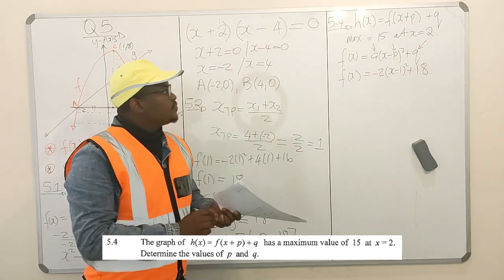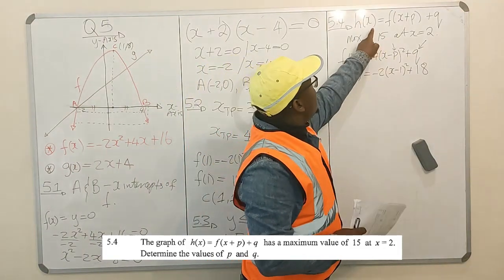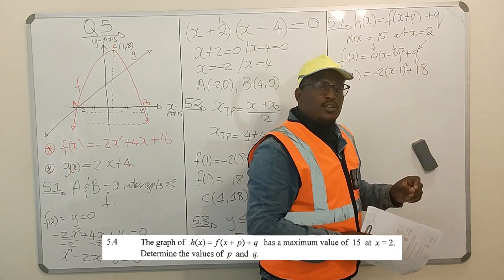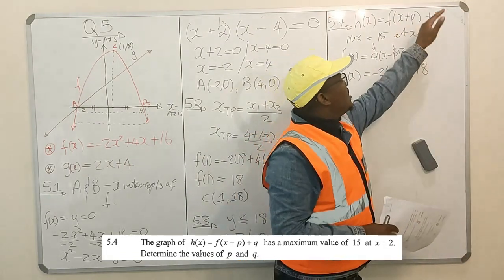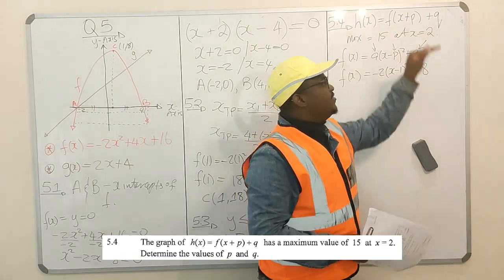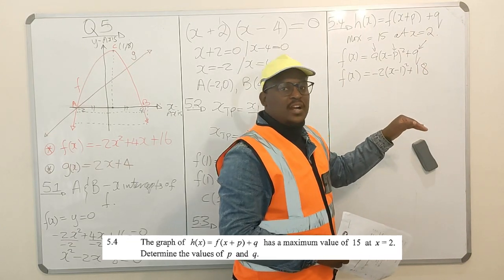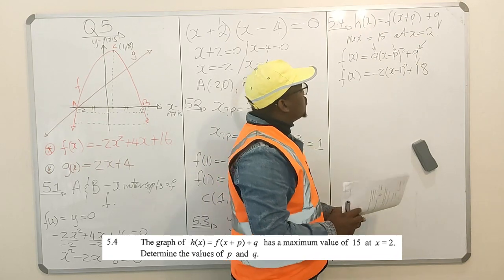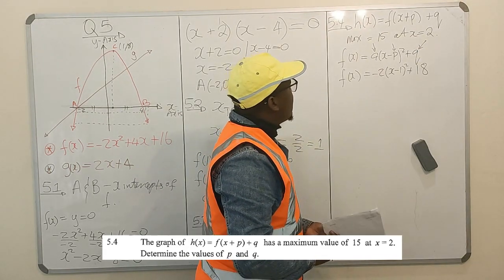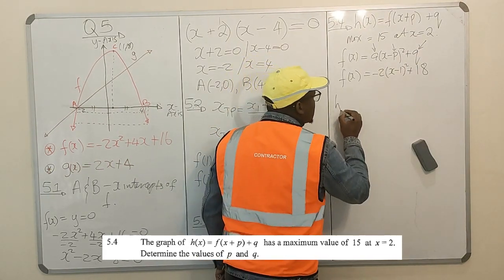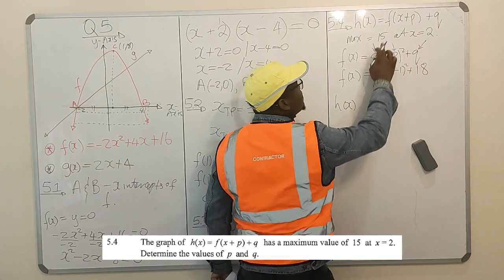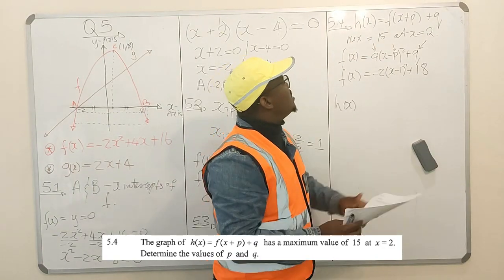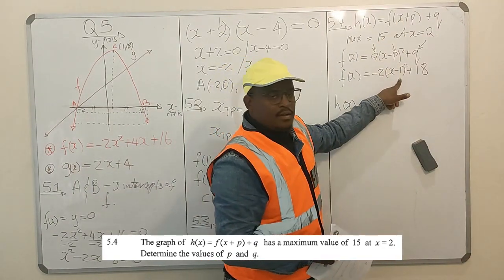Now, our function h is obtained by shifting f horizontally and vertically. That's how they transformed f to produce h. So what we do is say, our h of x is obtained by transforming f. We're going to apply the transformation they did on f here.